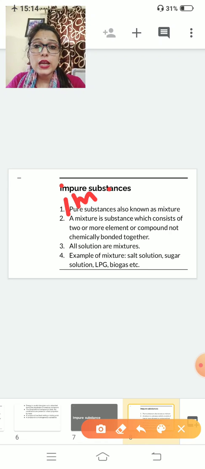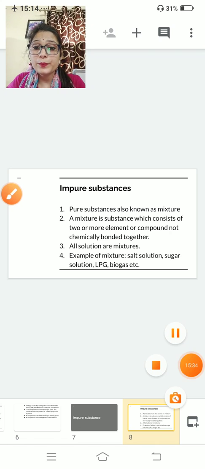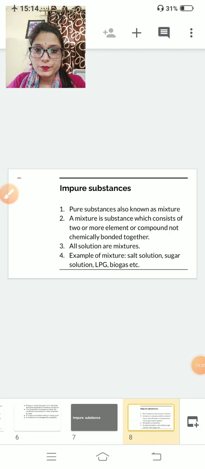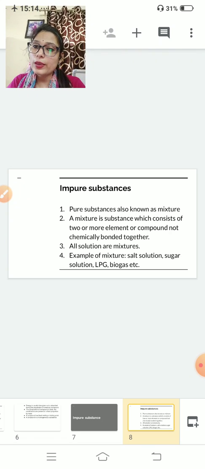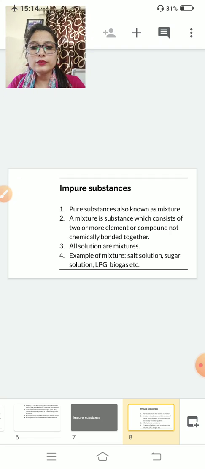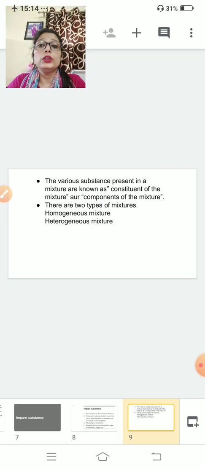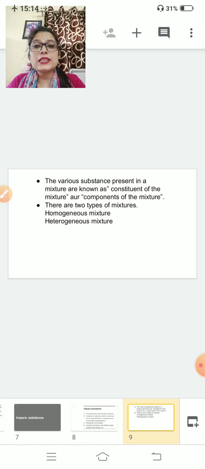Clear? So what are the examples of impure substances? The examples of impure substances are salt solution, sugar solution, LPG, biogas. These are all examples of impure substances. Clear? Now, the various substances present in a mixture are known as constituents.